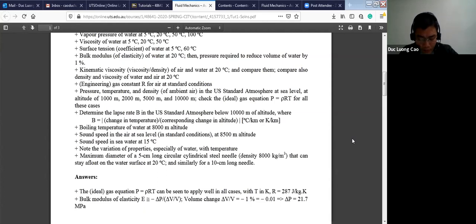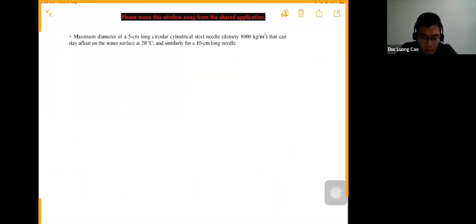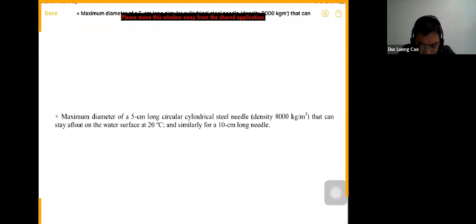You have a maximum diameter of 5 centimeter long circular cylindrical steel needle with density 8,000 kilograms per meter cube, that can stay afloat on the water surface at 20 Celsius.